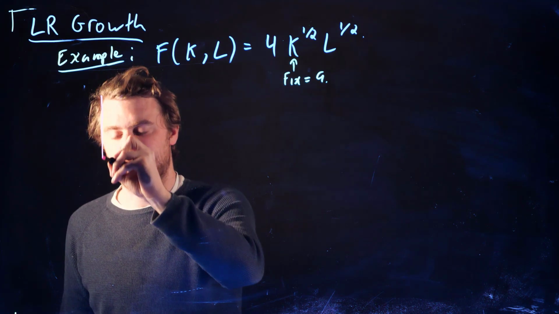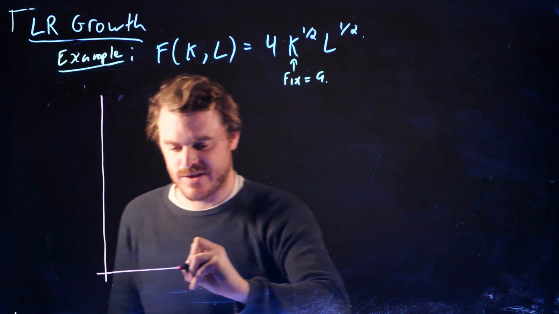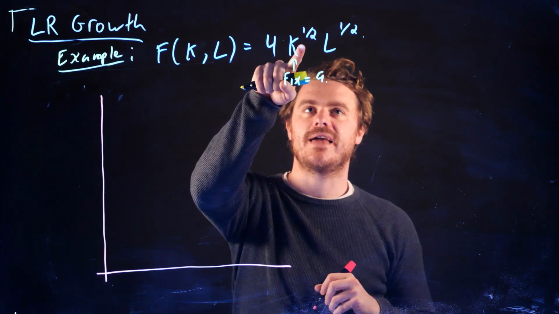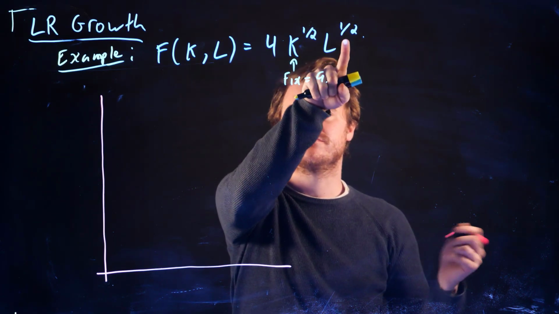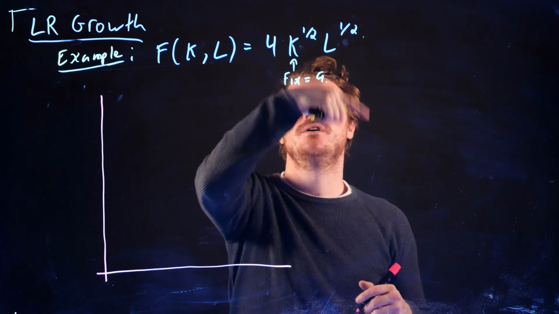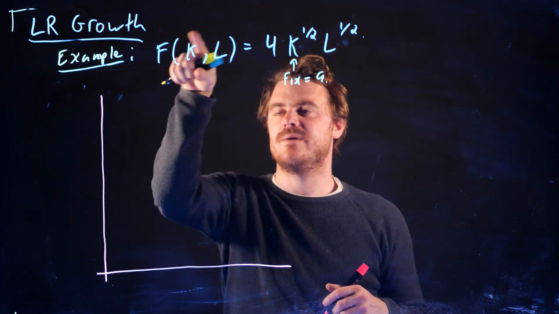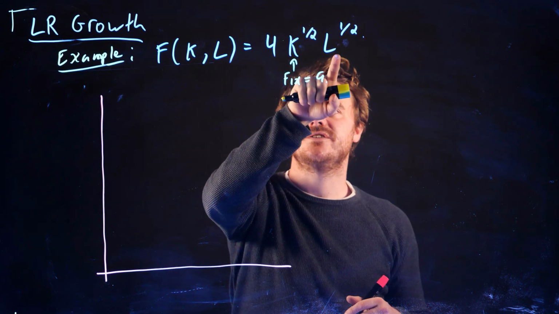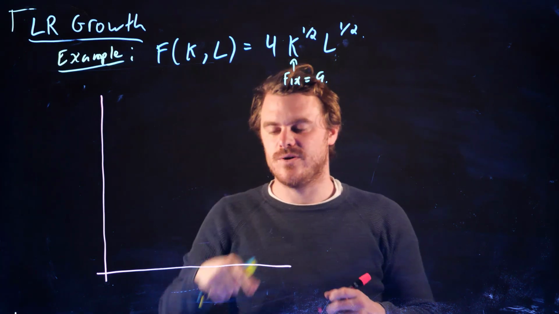And we can do the same thing, though we'll do it without all the math behind it. We're plugging in 9 for K and starting at 0, where output would be 0, and then what's this number over here if this is 1, and then this is 2, and then this is 3, holding this at 9 the whole time.